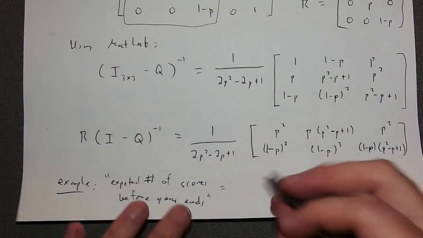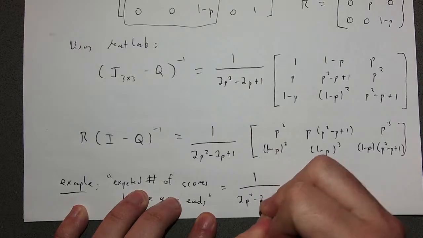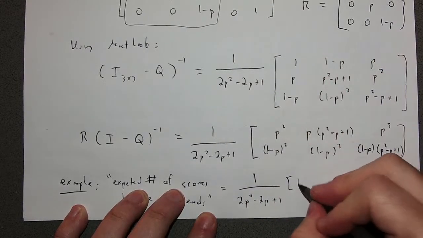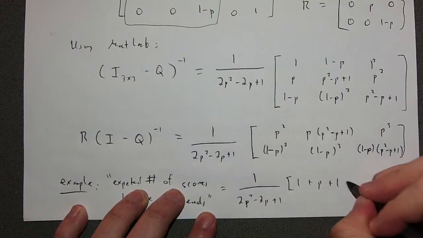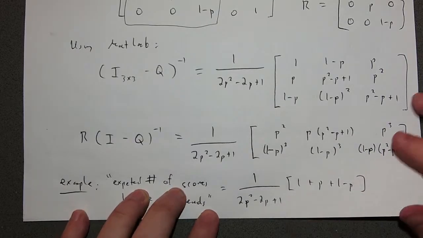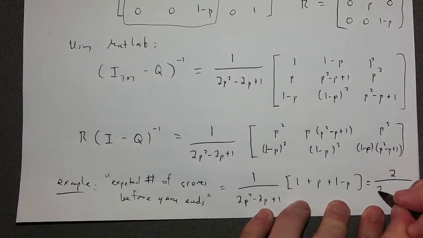So it would be 1 over 2p squared minus 2p plus 1 times this column sum, 1 plus p plus 1 minus p, which is 2. So it would be 2 over 2p squared minus 2p plus 1.